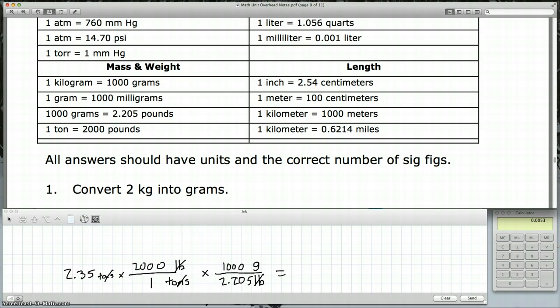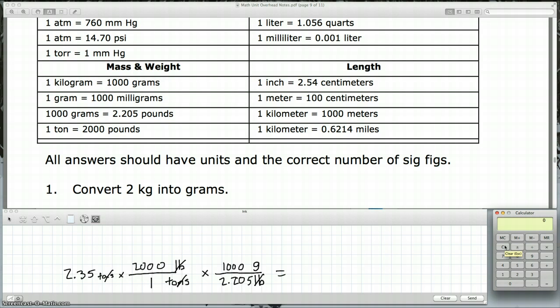So, again, in my calculator, I take my starting number, 2.35, times the top number, so times 2,000, divided by the bottom number. You really don't have to do the ones, you can skip the ones, but I'll do it just to show.